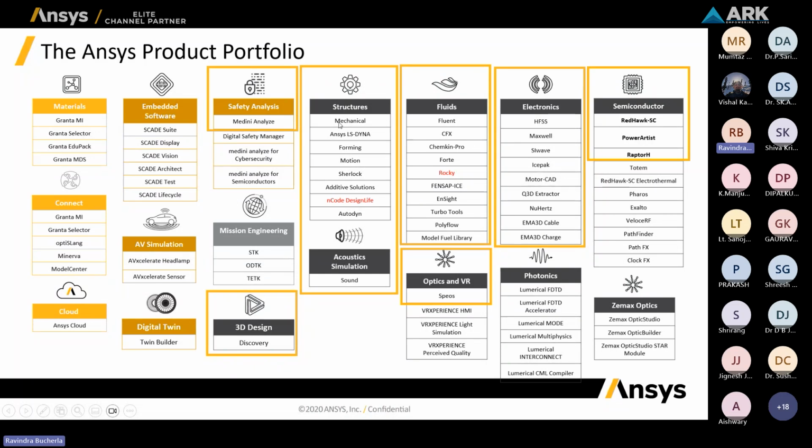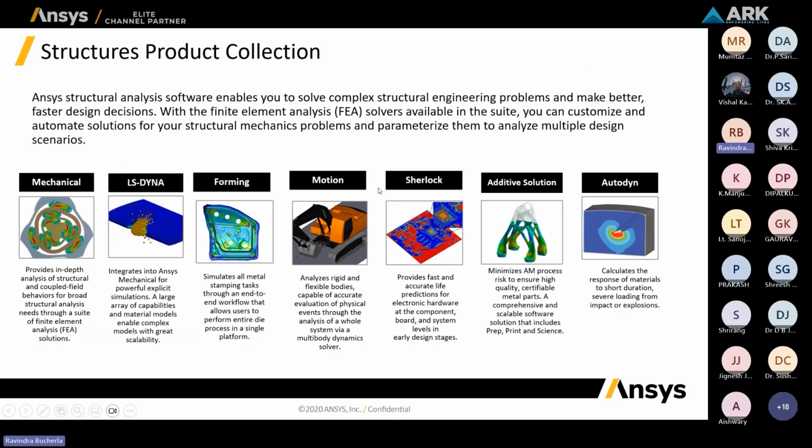So before we move into the nonlinear analysis, I will just explain what are the different tools that are available in the structures product family, and what are the major applications that each solver will have. So this is the complete product collection for the structures. Whenever we solve any complex engineering problem, we will be needing different kinds of approaches.